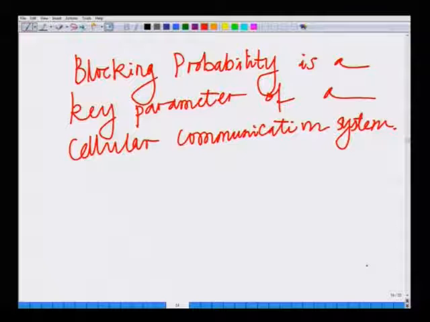Blocking probability is a key parameter of a cellular communication system, and this is what we have to derive, and this can be derived using teletraffic theory, and we would like to do this.